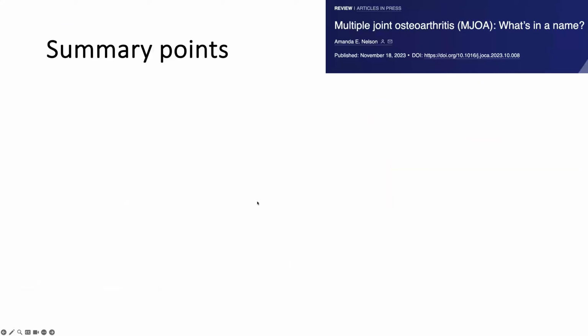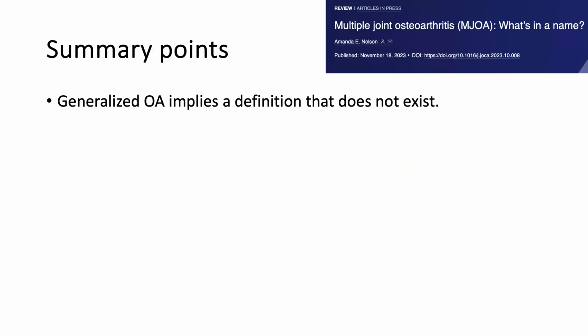So we're going to go back to the summary points. I'm going to make sure I've emphasized everything I want to, and then we'll go to questions. So again, if you hear the term generalized osteoarthritis, just know that that doesn't really tell you much. It probably means hand and something else involved, but unless you have a statement that says generalized OA as defined by radiographic osteoarthritis and the IPs and the CMC and knee OA or something, then you really don't know what that author or that paper or that guideline means by the term generalized osteoarthritis, because there is no accepted definition.